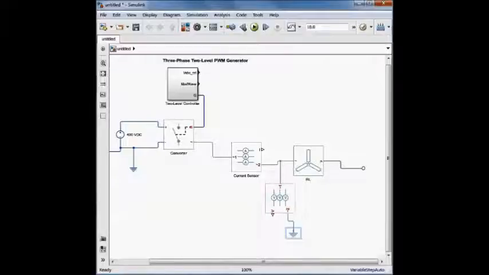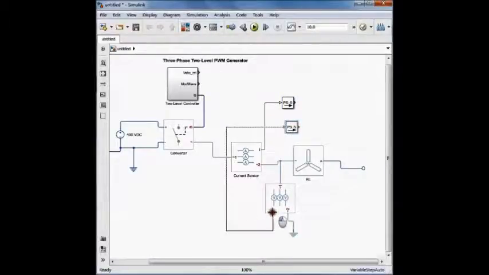Now we need the current and voltage measurements. For that we need two converters. One is for current and one is for voltage. Both are getting connected to this scope.